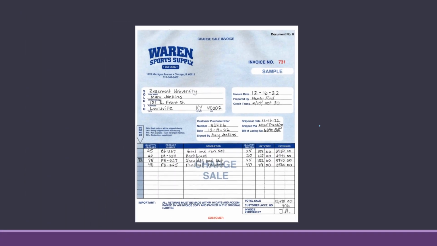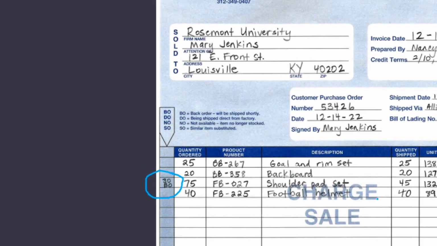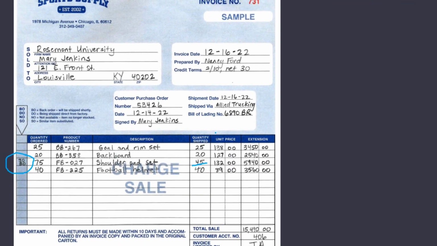So here's my invoice prepared. You notice that here 30 shoulder pads have to be back ordered, and the quantity shipped is only 45 for this item. Okay, so all these unit prices are from the price list under the column of the selling price.